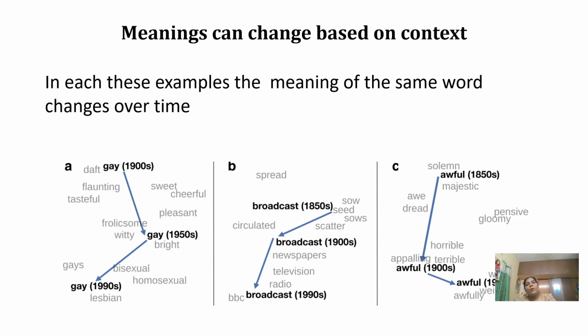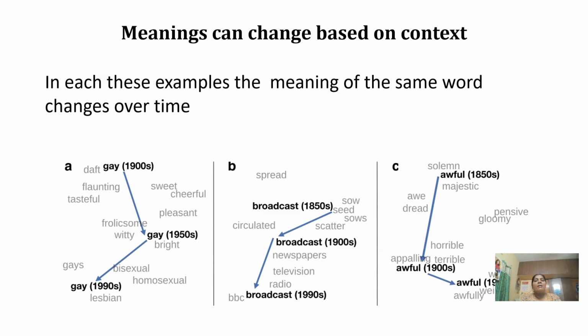So when you talk about meanings, they can change based on the context. See, LLMs are context oriented, meaning that the same word could appear in different places and its meaning would change over time. For example, "gay" is a word that comes at different places with different contexts.